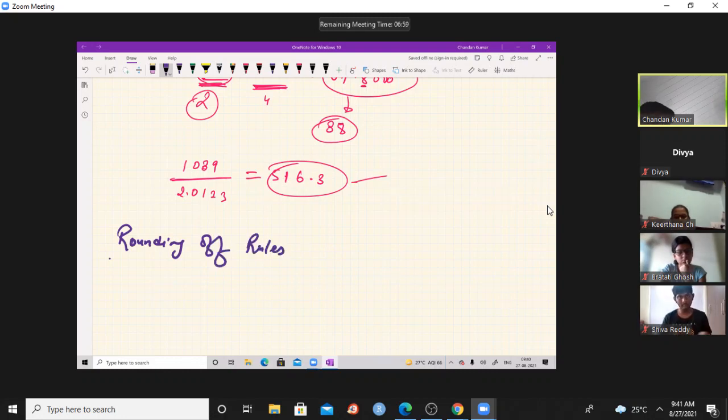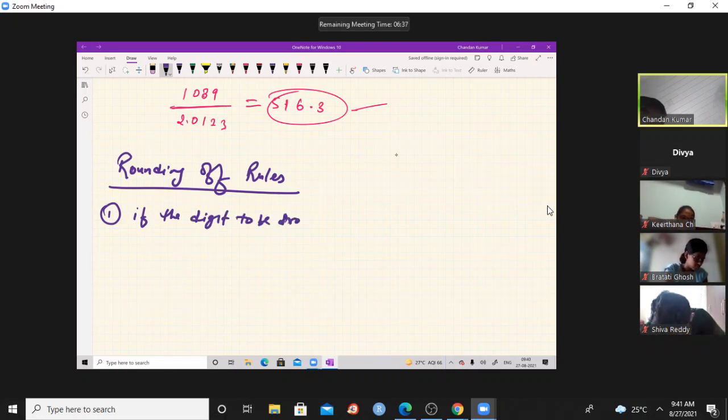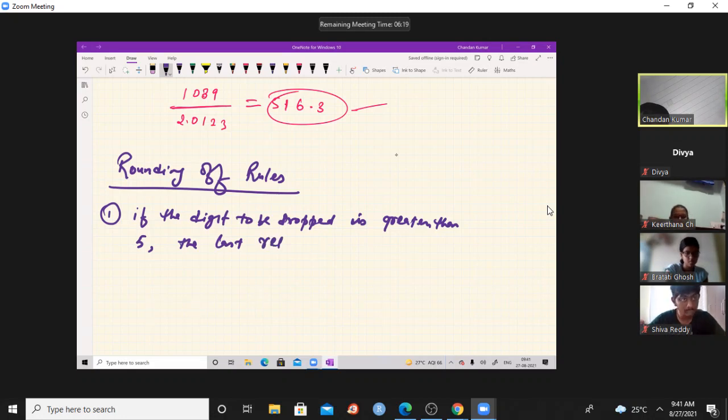Rounding off rules. Rule number 1: if the digit to be dropped is greater than 5, the last digit retained is increased by 1.